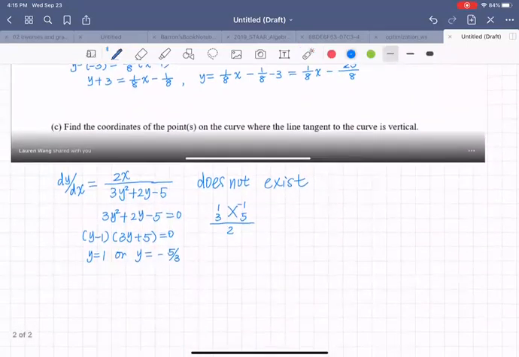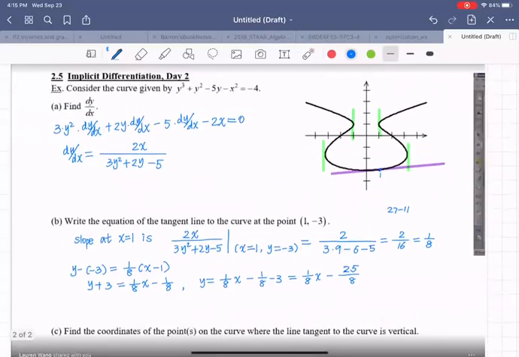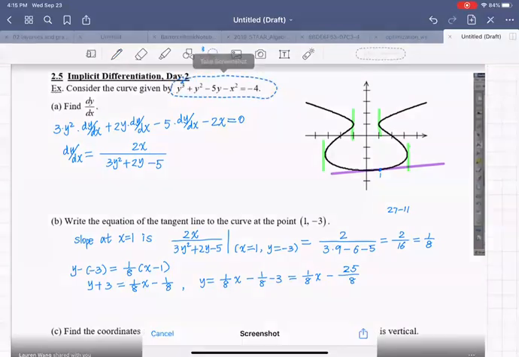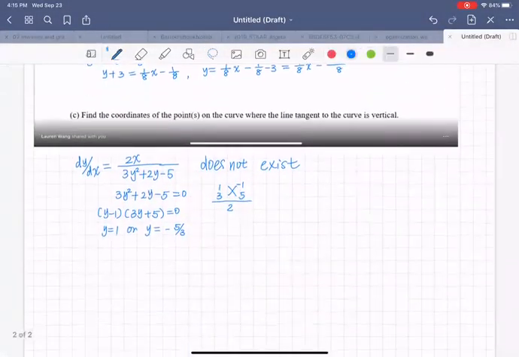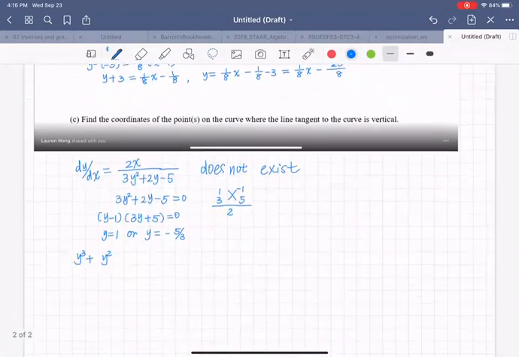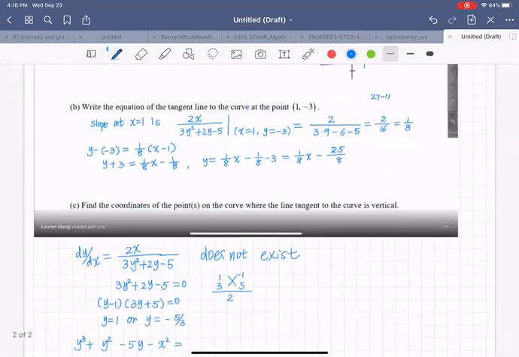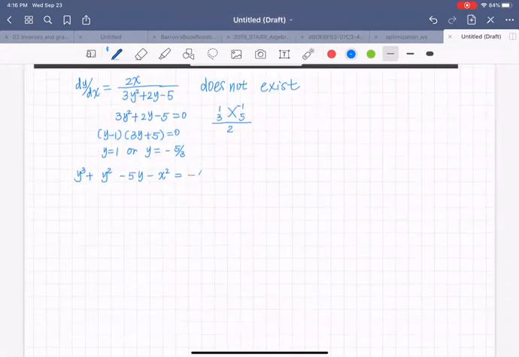We want to plug back into the original equation: y cubed plus y squared minus 5y minus x squared equals negative 4.